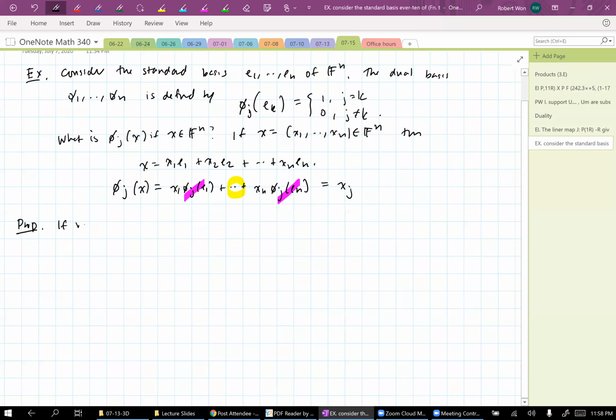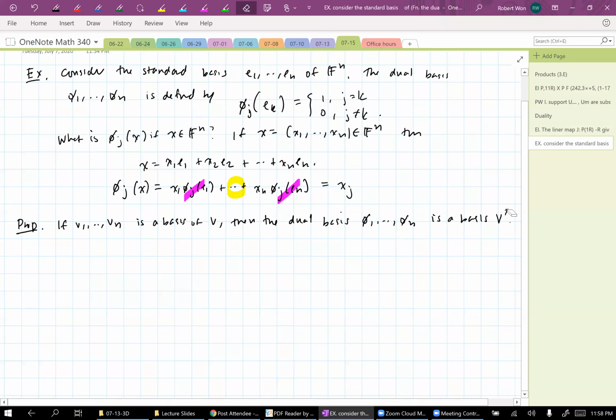So if V1 through Vn is a basis of V, then the dual basis, and again, the dual basis depends on the basis of V, is a basis of V dual. So that justifies the term dual basis. It's the basis of the dual space.